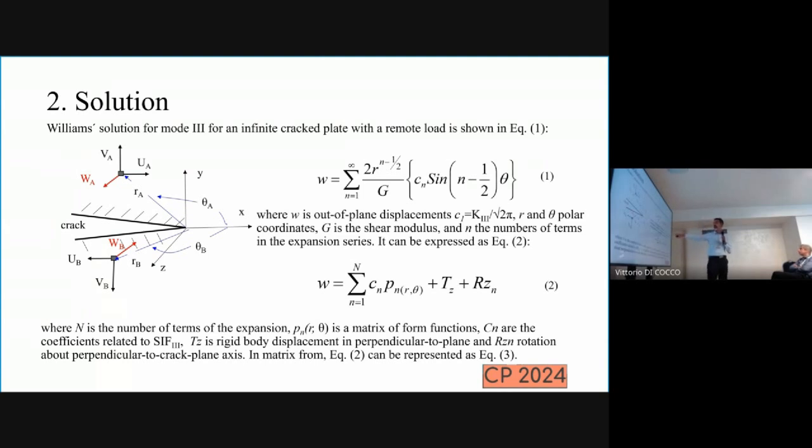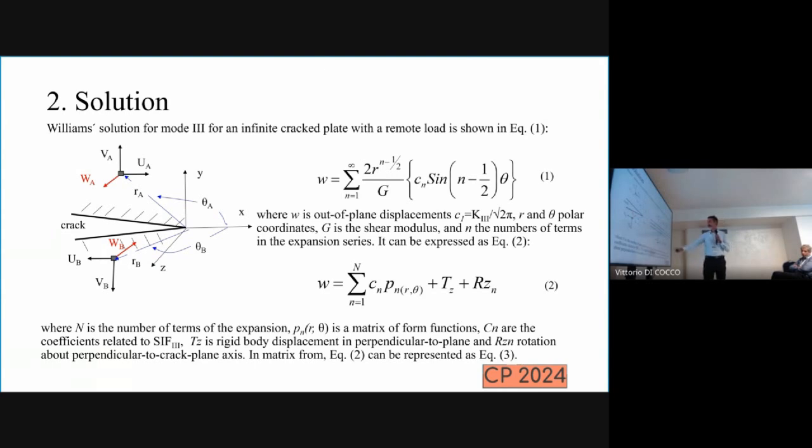The first term of the series will be related to K3. So equation 1 can be expressed as equation 2, which is the same, just in a different form, where again C sub N is related to K3, P sub N is a matrix of form functions, and capital N is the number of measured points.